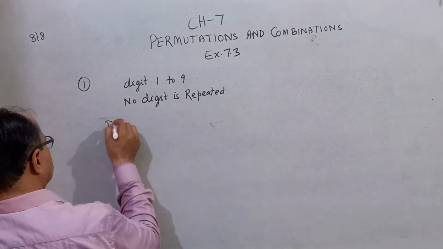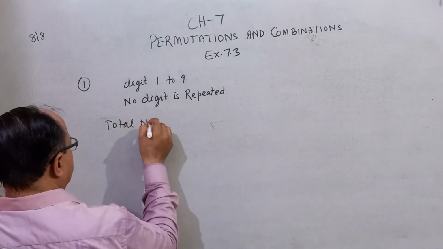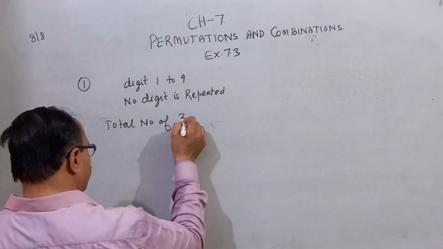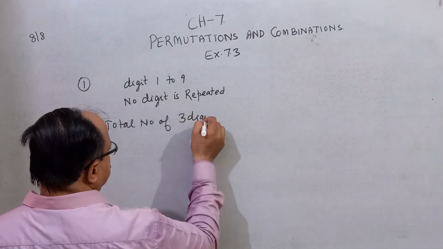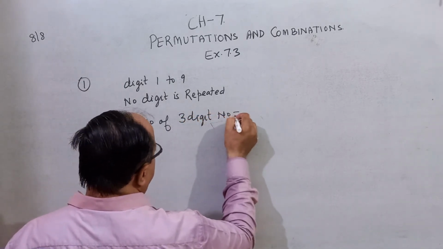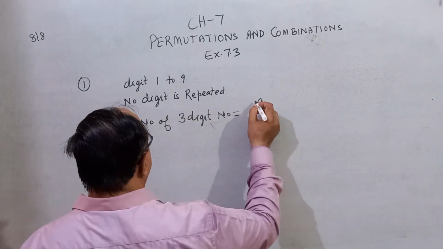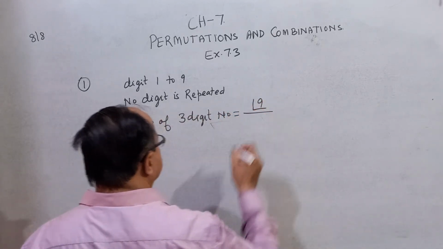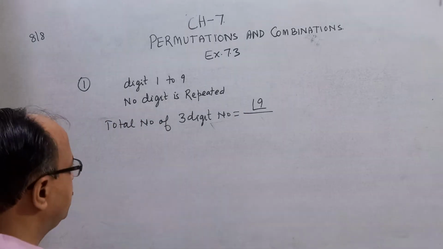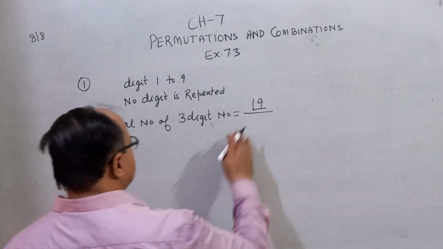So therefore, the total number of 3-digit numbers, total 1 to 9, 9 digits, 9 factorial. Or you can use a theorem.